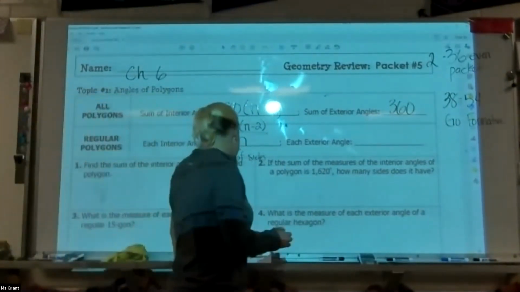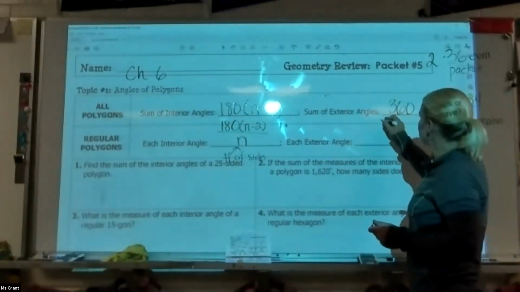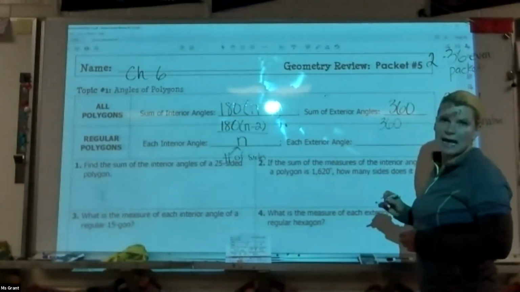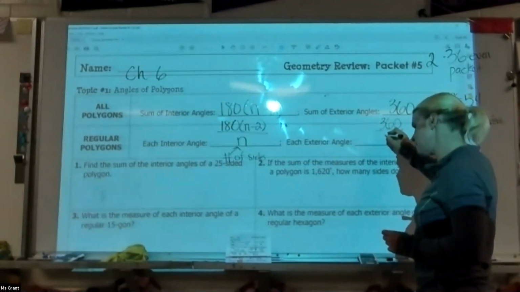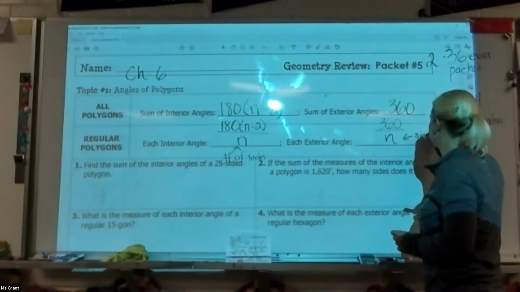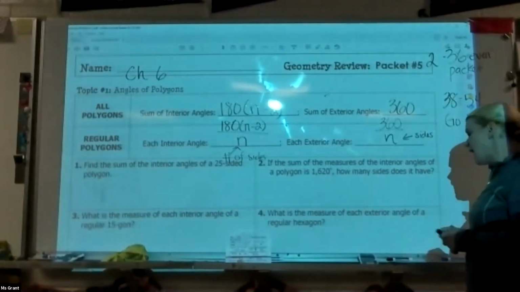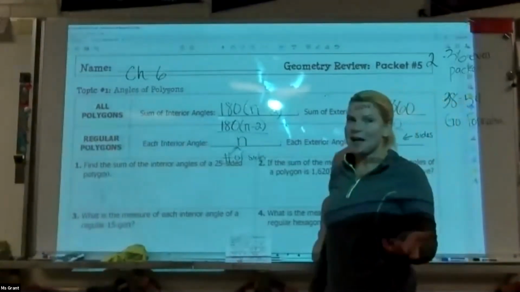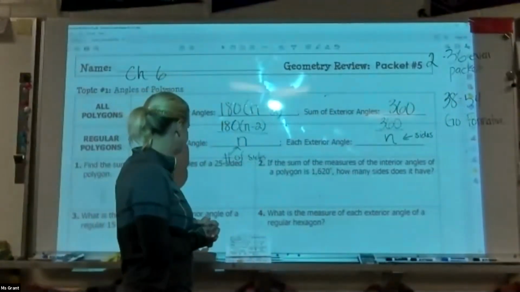And each exterior angle is going to be, because you know all the exterior angles added together is 360, so I'm going to divide by however many sides there are. If it has 5 sides, then it has 5 angles. If it has 3 sides, it has 3 angles. So that's the same number.